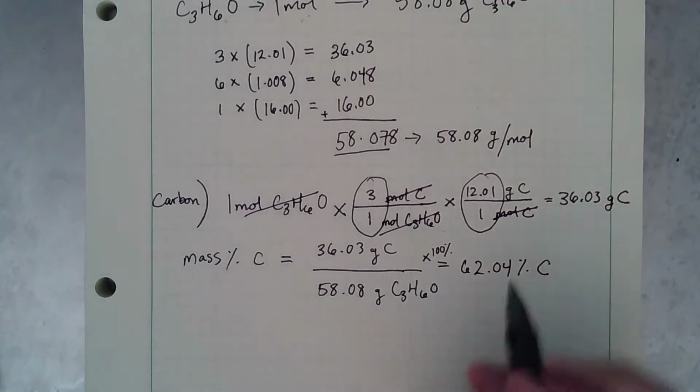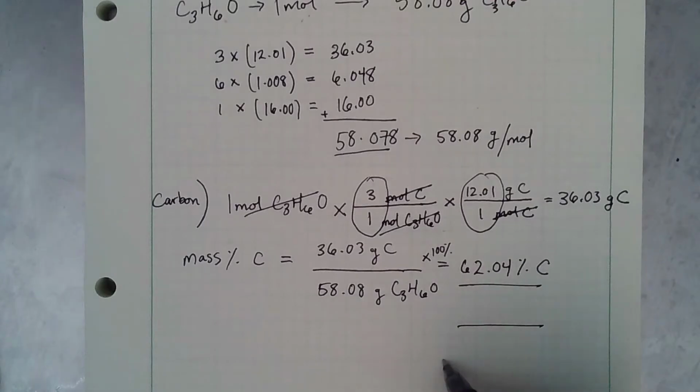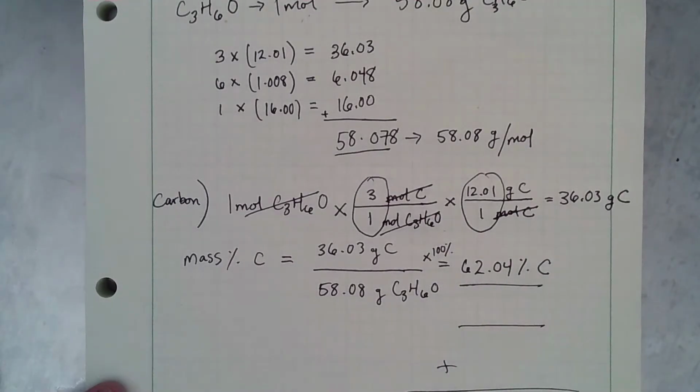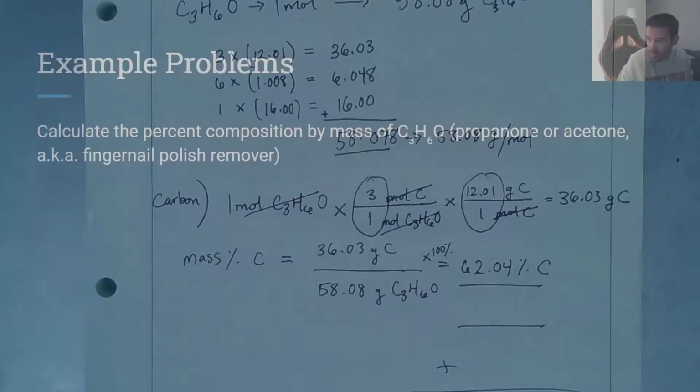Just at the end, make sure that when you add up all 3 of your percentages, you get a number that is very, very close to 100%. 99.99 is okay, 100.01 is okay, but if it's much more off than that, then you must have done something wrong, okay? All right, let me go back to the slides.